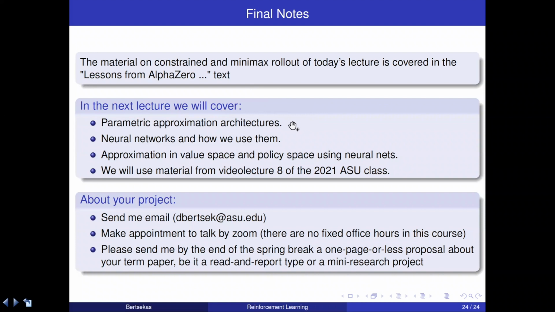And in particular, we are going to discuss approximation architectures using either features or neural networks. We're going to discuss the training of neural networks in the context of approximation in value space and also in policy space. And again, we're going to use material from the 2021 class, video lecture 8. You may want to review that before attending.